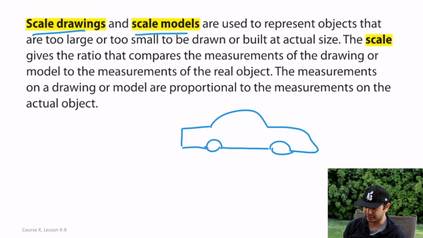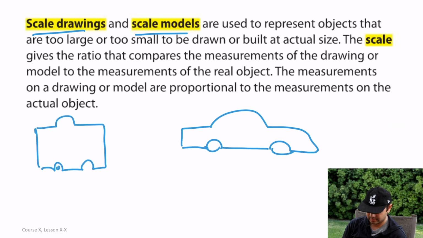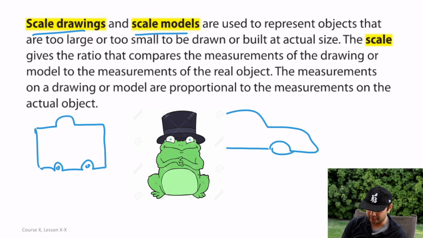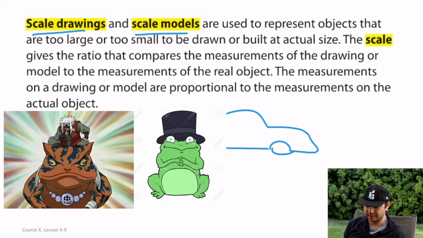Something that's not proportional is maybe like that, that's very unproportional. That looks more like a camera or like a frog or something with something on its head. Not a car though, so that's not drawn to scale. I'm just going to erase that because I don't want that frog looking at me.